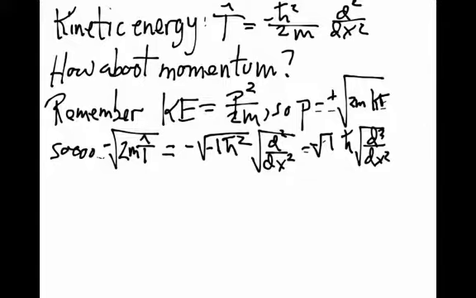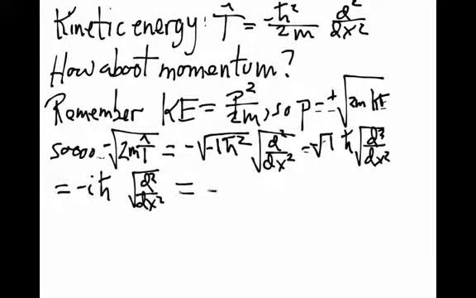Well, the minus square root of minus 1 bit, that is minus i. Remember, the square root of minus 1 is i, the imaginary number. And I've got an h bar, and I still have this square root of the second derivative.